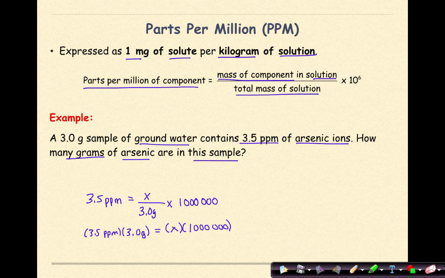If we solve for x, we'll find that to be 1.05 times 10 to the negative 5 grams of arsenic ions, or to the correct number of significant figures, 1.1 times 10 to the negative 5 grams of arsenic. And that is how you solve for the mass of the component in solution, in this case our x right here.